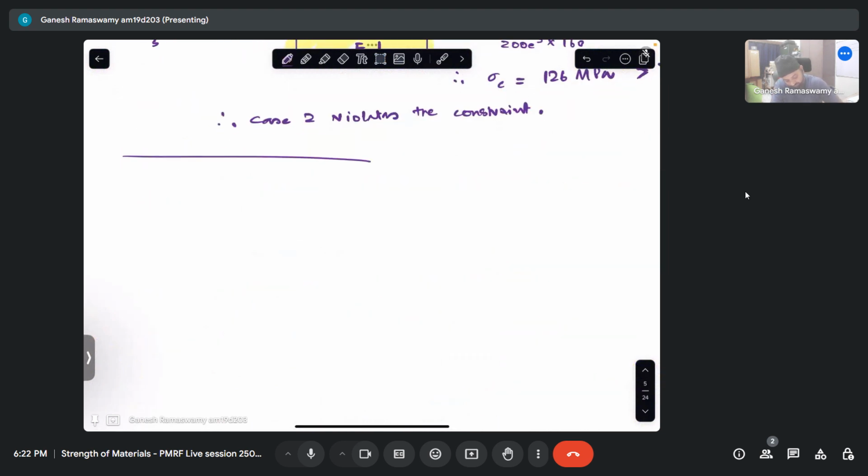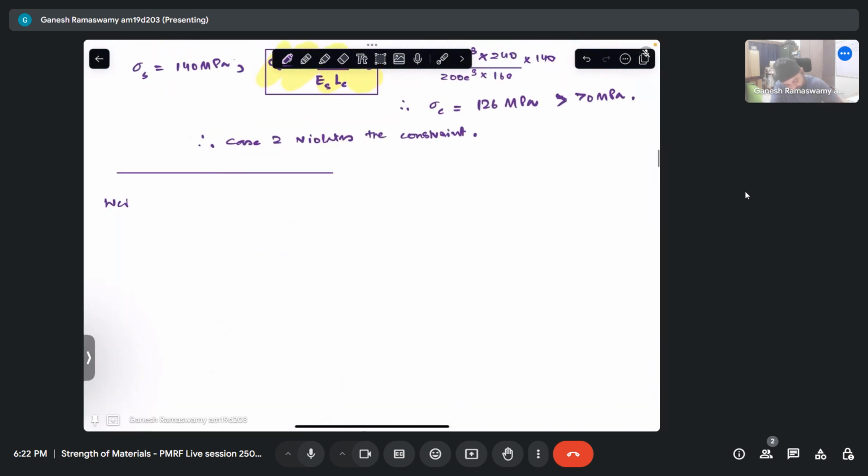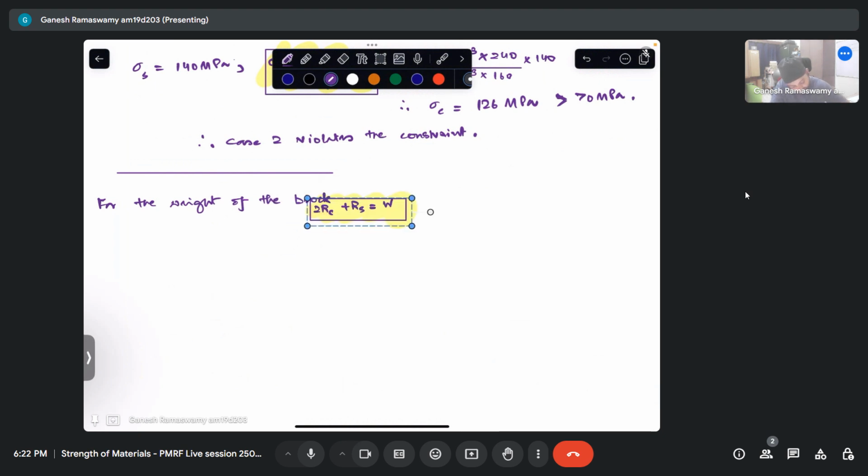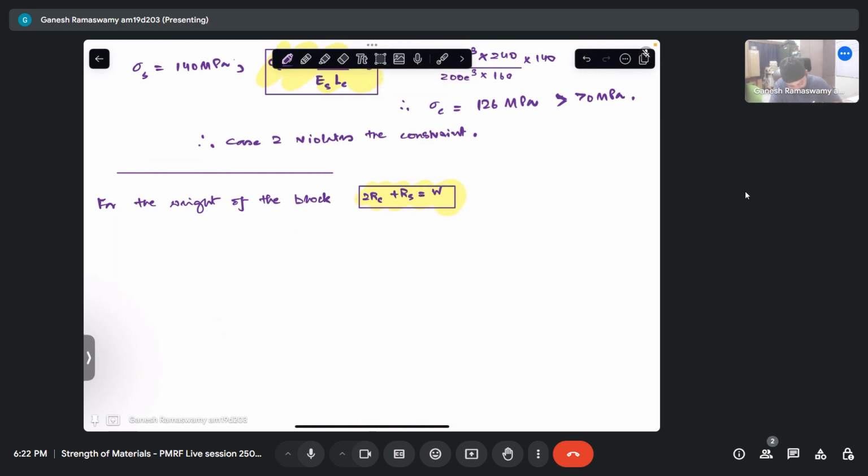Now, weight of the block, we will be using this. Now we know that RC is nothing but sigma C AC, that is whatever stress it is experiencing into the area.